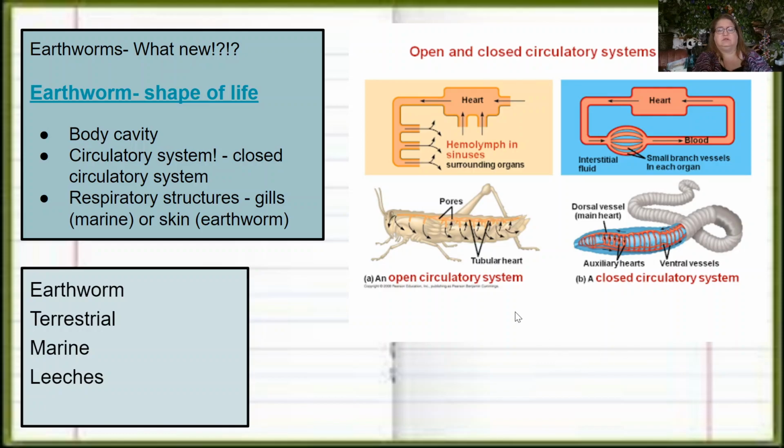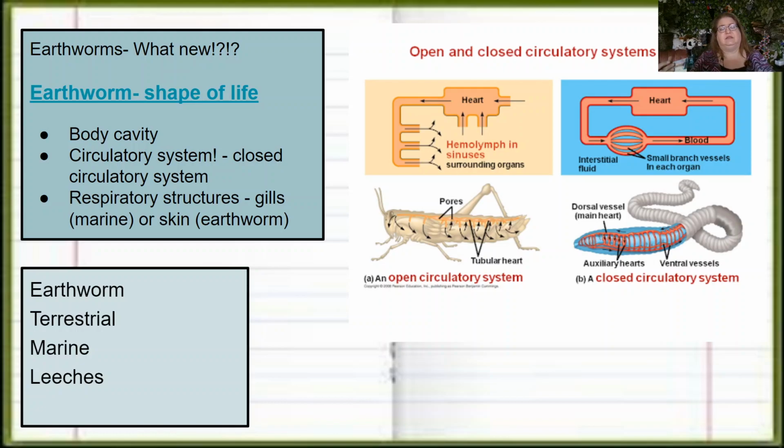We also start seeing respiratory structures because, again, as you get bigger, you have to try to distribute oxygen and nutrients to your body cells. And so from now on, we're going to see gills, or in the case of earthworm, we're going to see that long body.